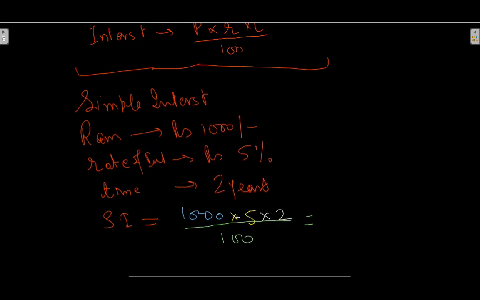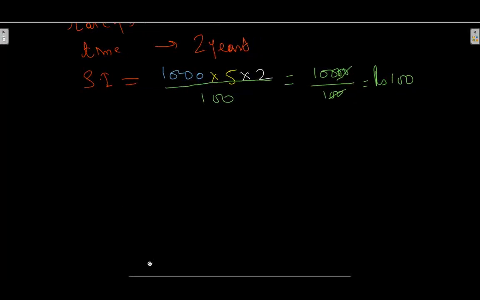So it is going to be 5 into 2 is 10, and 10 into 1000 is 10,000, divided by 100, and we knock off 00 with 00, and the result is rupees 100. So at the end of 2 years, what Ram is going to get as income, or interest, is rupees 100.